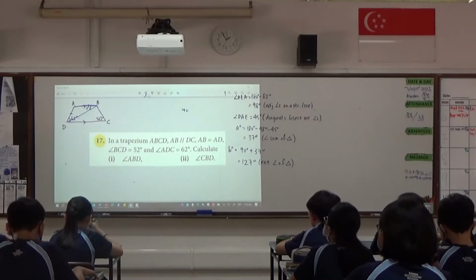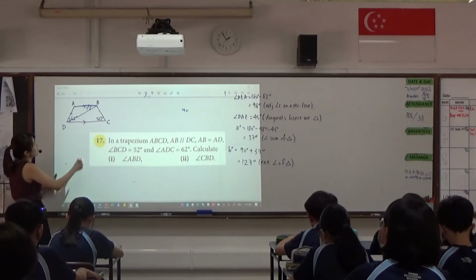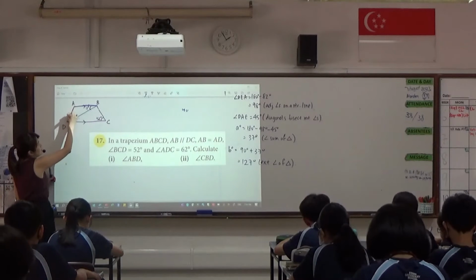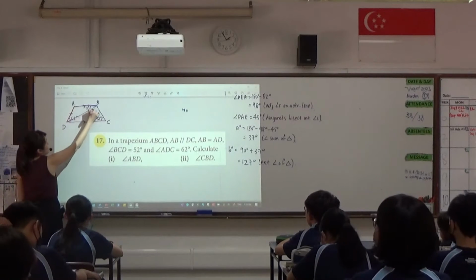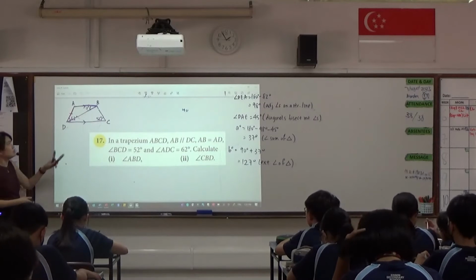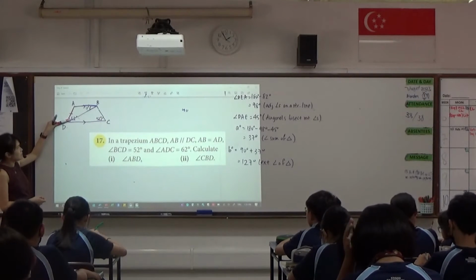In order for us to solve angle ABD, we need to observe that there is an isosceles triangle over here. So angle ABD is actually the base angle with angle ADB.